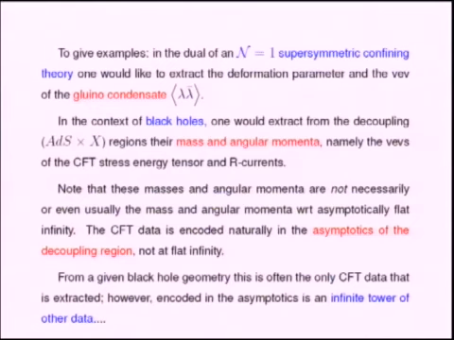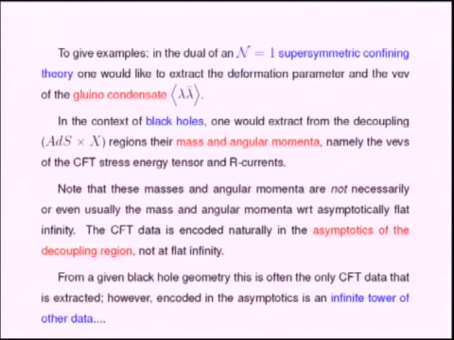What kind of things would you like to extract? Firstly, you might like to extract the deformation parameter that breaks the supersymmetry down to N=1. You would want to extract, say, the vev of the gluino condensate. That's in the context of trying to realize some holographic dual to a QCD-like theory.